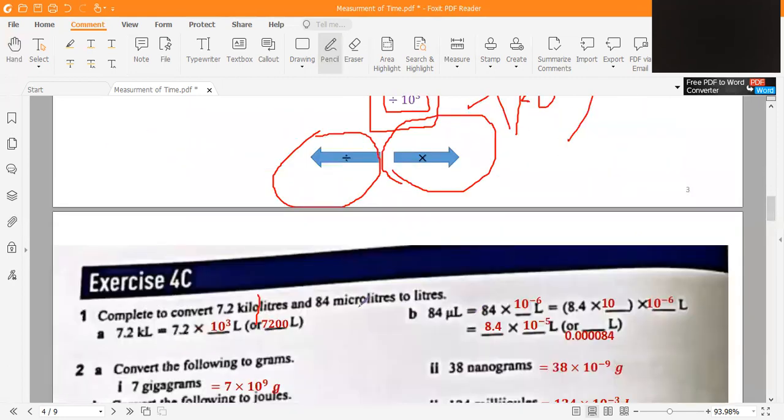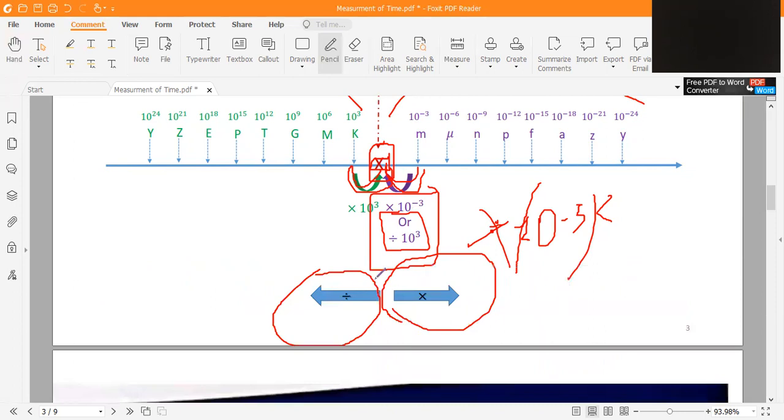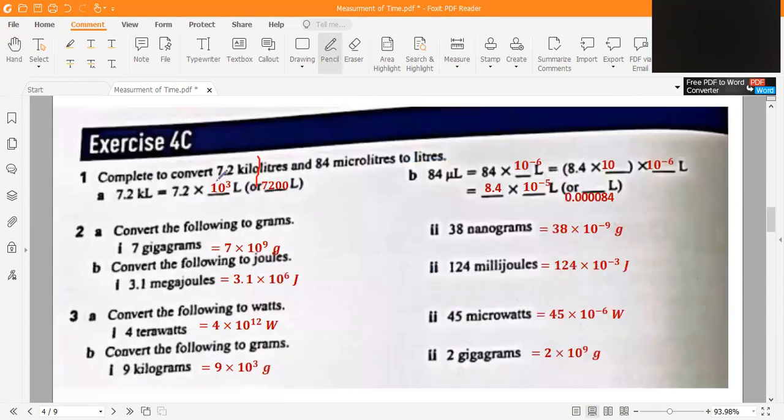We want to move from kilo to liter. Kilo is here, to liter, so we are moving from left to right 1 step. Left to right we multiply, 1 step, so it is equivalent to 10 power 3, which is equal to 1000, so 7.2 times 1000.